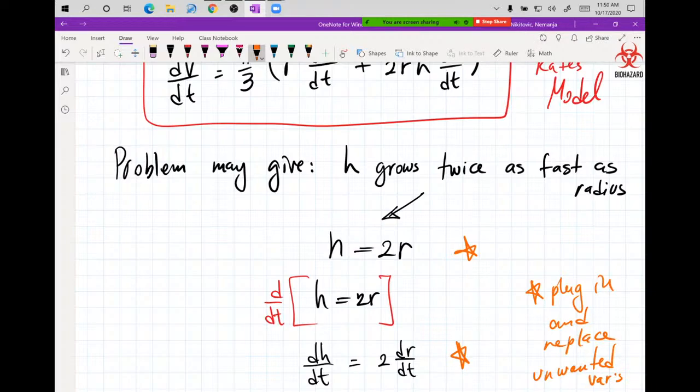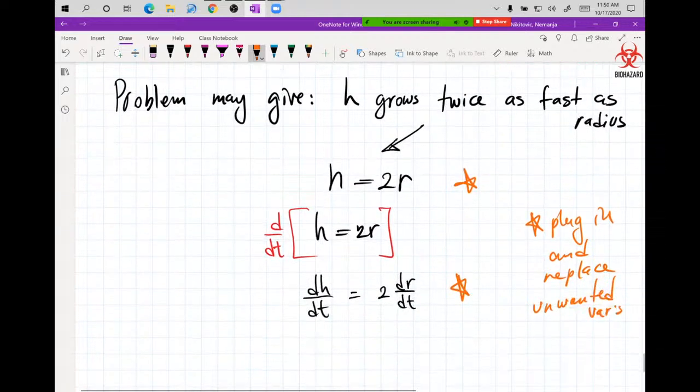Because you're either looking for heights or you're looking for radius. Usually dV/dt is given because that's the amount of stuff coming in. So if they want to know about radius, then you change all of the heights into radius. If you want to know about the height, then you change all of the radius into height.